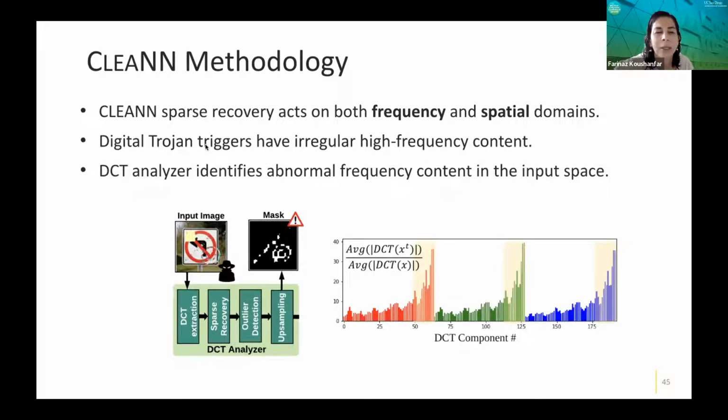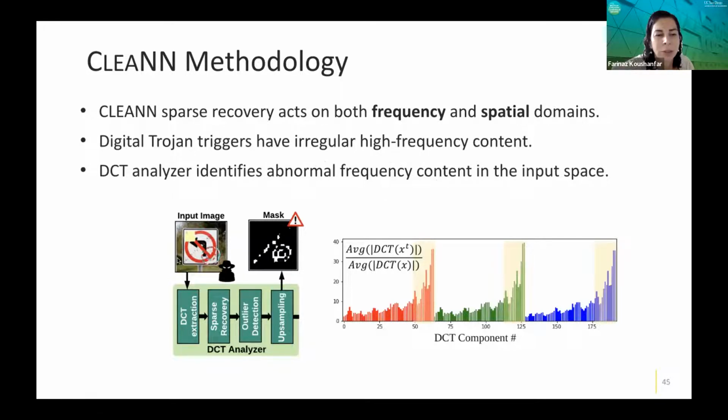Now, the sparse recovery can act on both frequency and spatial domains. It turns out that digital Trojans have irregular high frequency components, which can be identified with the DCT analyzer here.